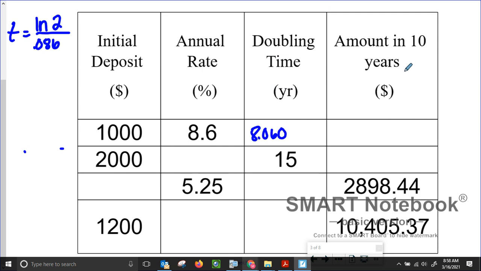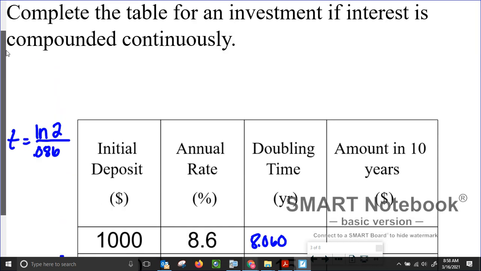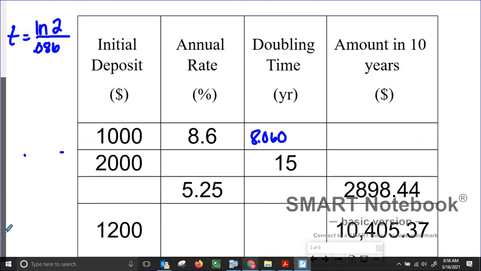All right, and then the amount in 10 years. So here we're using compounded continuously, right, which is what it tells us up here, for this whole table. So we know that A is equal to P, which is my initial amount, which in this case is 1,000. Whoops, not 100, 1,000.